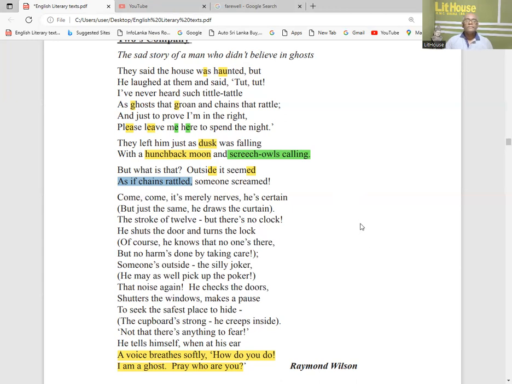Rattle. Write down. Rattle, R-A-T-T-L-E. Rattle is the sound of clattering iron chains.